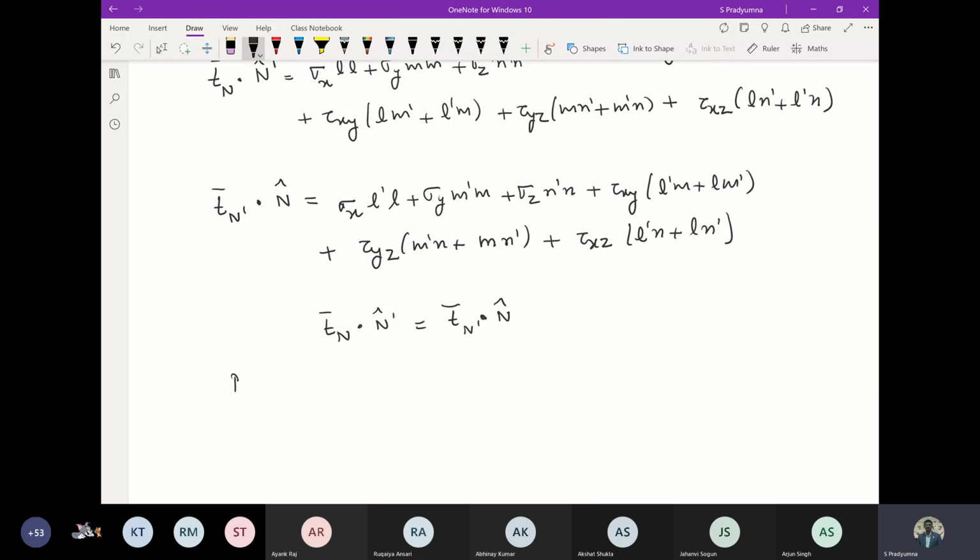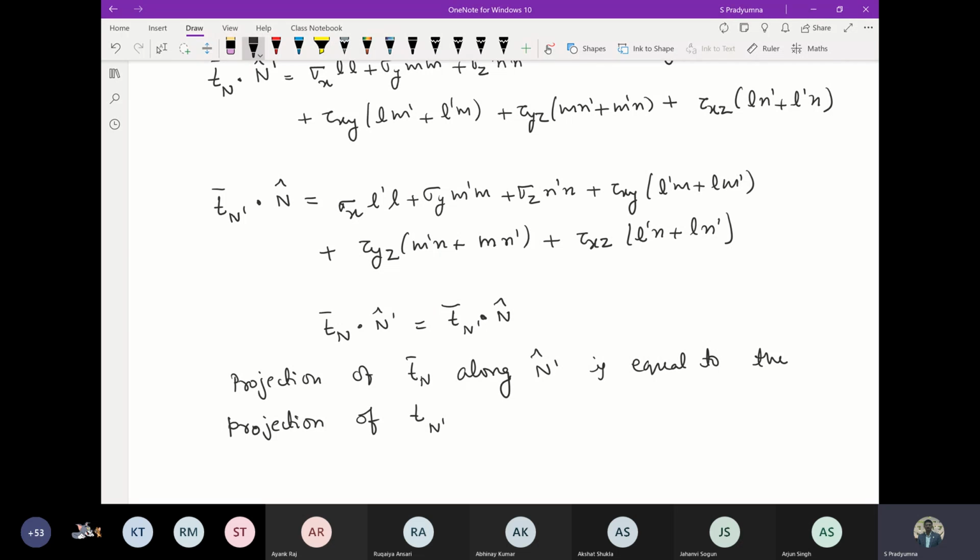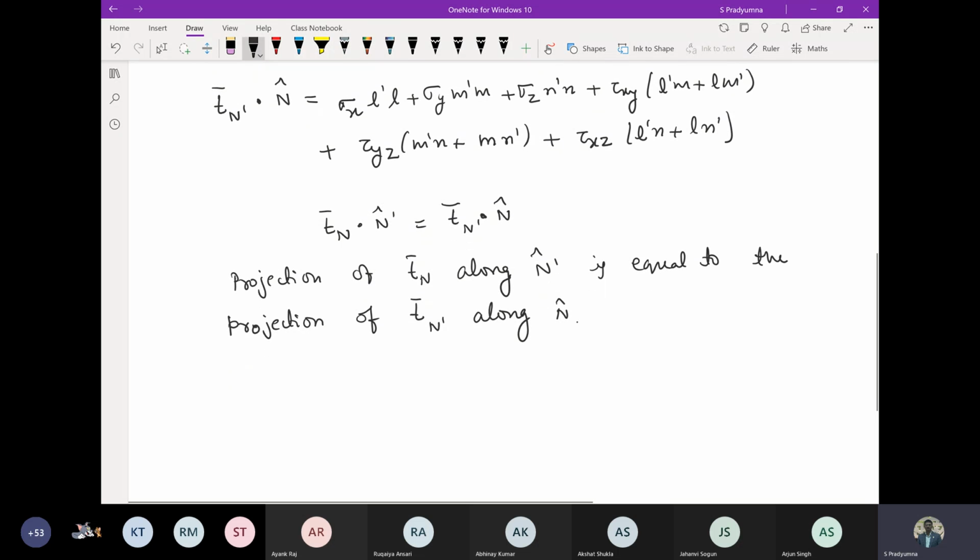That means the projection of Tn along n cap dash is equal to the projection of Tn dash along n. This is what we call a general theorem in terms of the stress components.